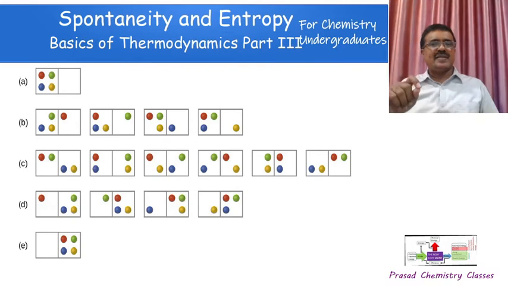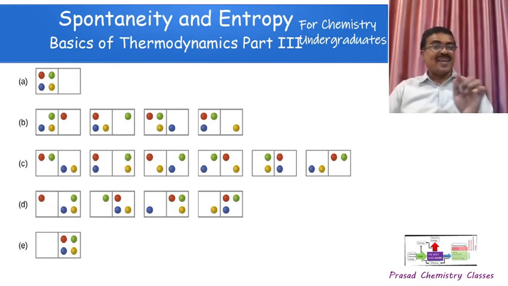Now consider 2 balls in each of the boxes. You can change the positions of the balls. So what happens? 1, 2, 3, 4, 5, 6. There are 6 ways in which they can be arranged.